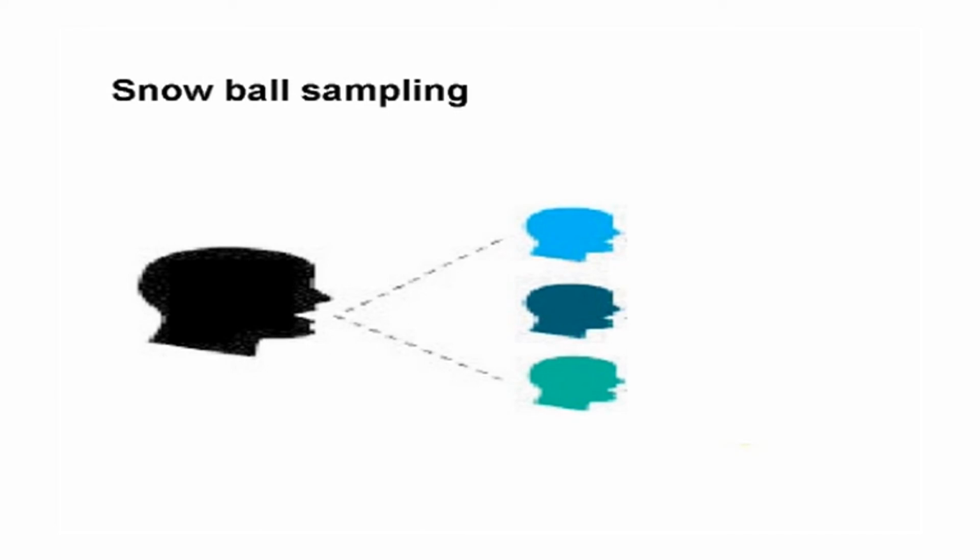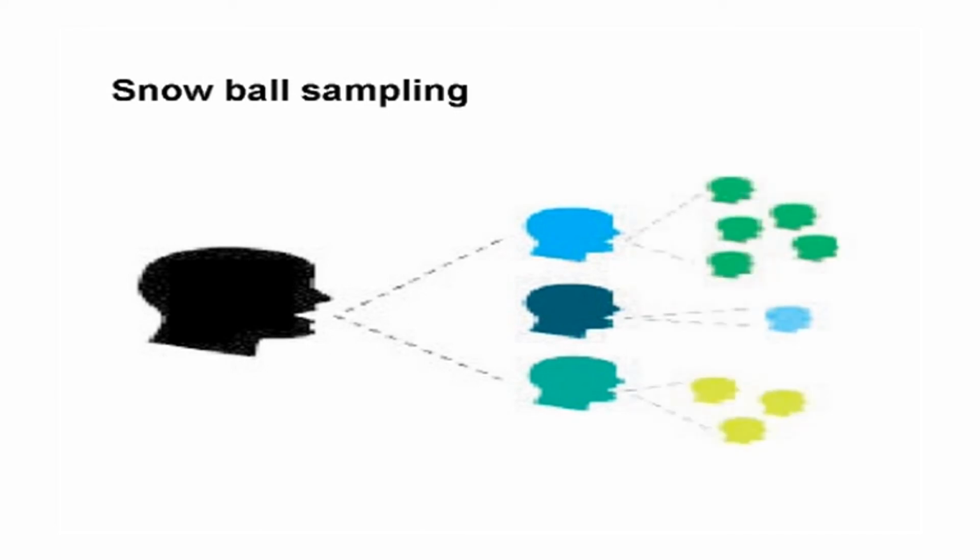The next one is snowball sampling. This is another kind of non-probability sampling. The snowball technique is appropriate when the members of a special population are difficult to locate. The researcher starts data collection with one or two persons known to him first, and from them he collects the names of other samples and continues his work.